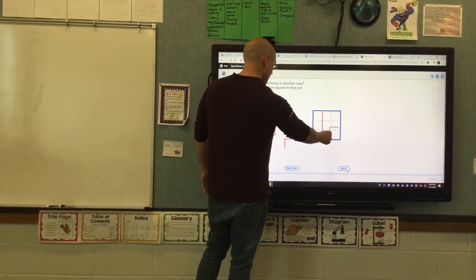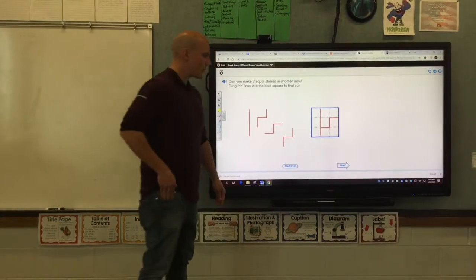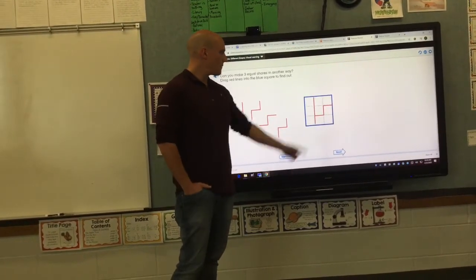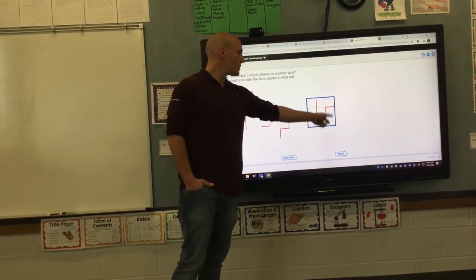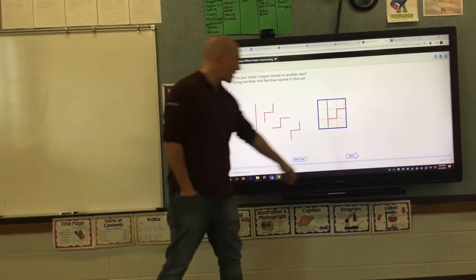Let's try this little guy. There we go. Let me double check my work here. So I've got 1, 2, 3, so we have a column going up and down. And I have 1, 2, 3, and 1, 2, 3. Okay? They're all different shapes. They look different, but they're equal shares.